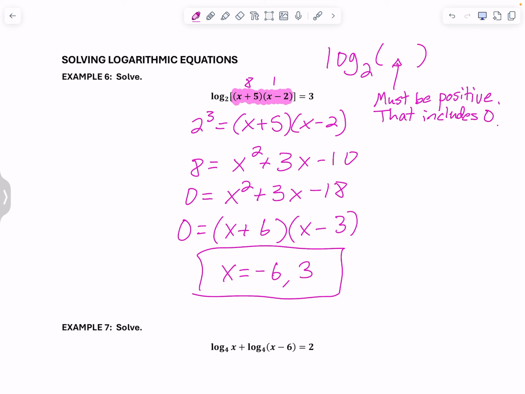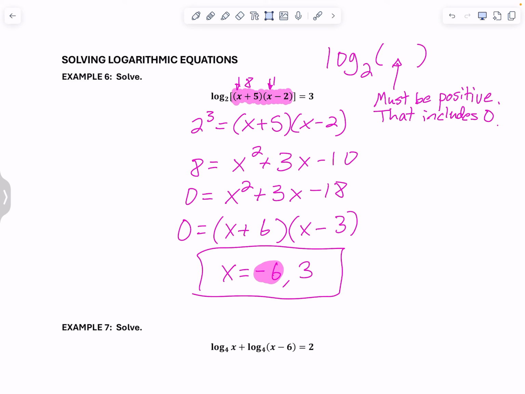Wait, so you have to switch through and see which x is supposed to be in which spot? No, if I was checking -6, I'm going to plug -6 into both. Oh, okay. And we want to make sure that what I've highlighted up there inside that log, when I plug in -6 into both, I better get a positive. Or if I plug in 3 into both, I better also get a positive.